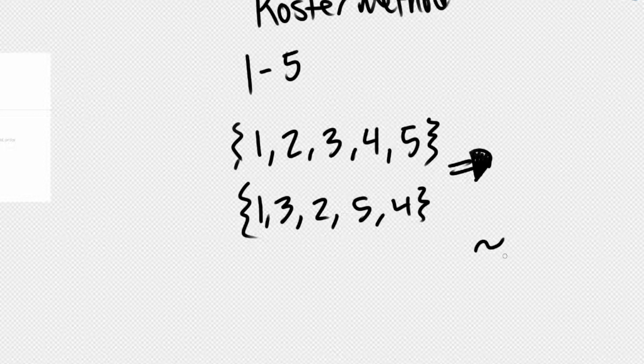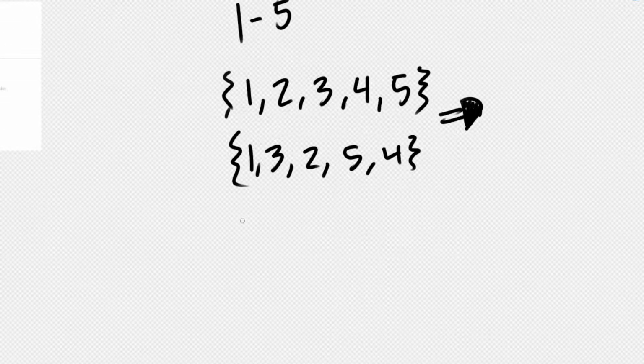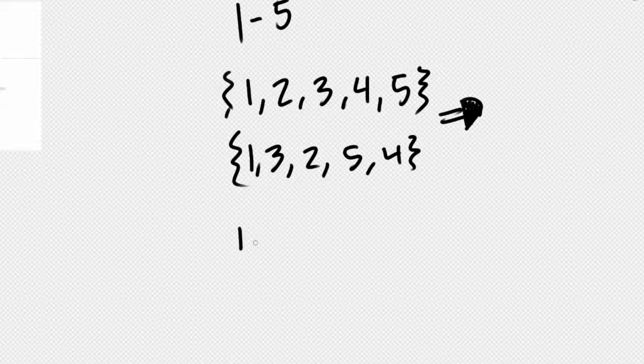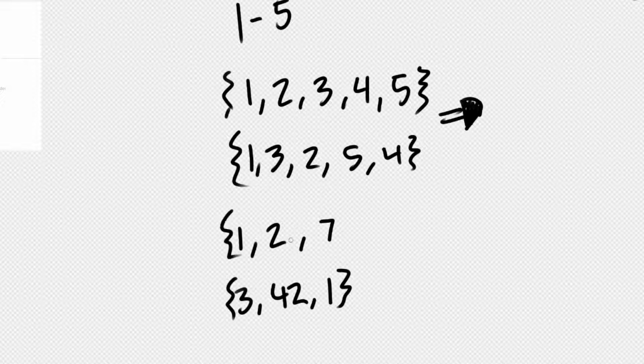So if you had a set of numbers 1, 2, 7 and a set 3, 42, 1, these two sets are not equal, but they are equivalent because they have the same number of elements.